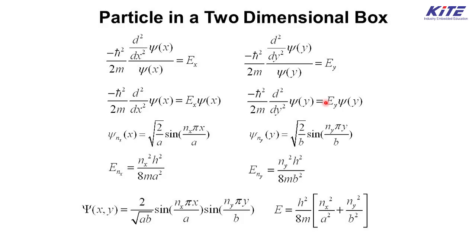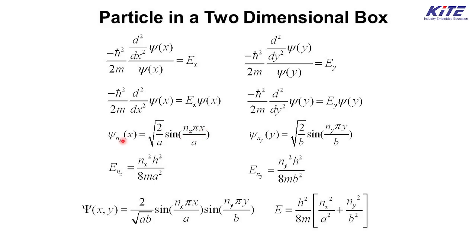So this is simply the product of two particles in 1D. We have psi of nx is equal to root 2 by a sine of nx pi x divided by a.